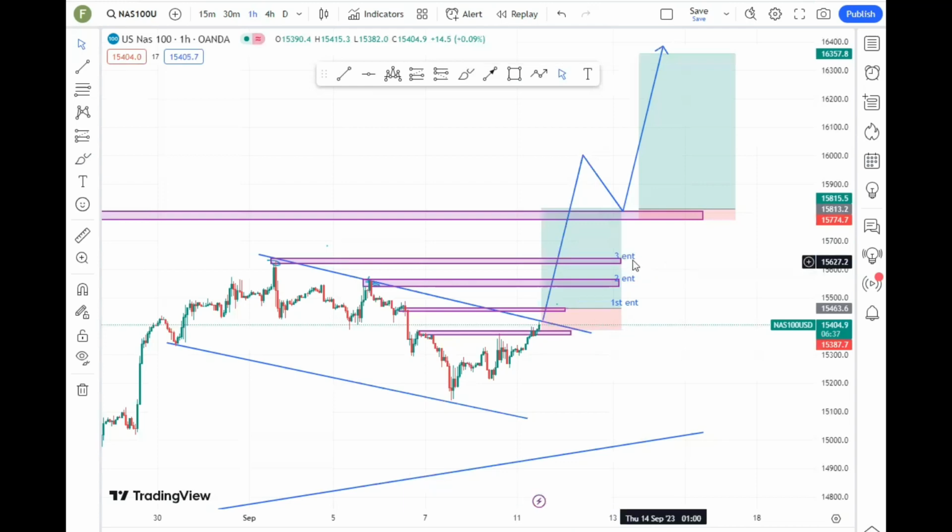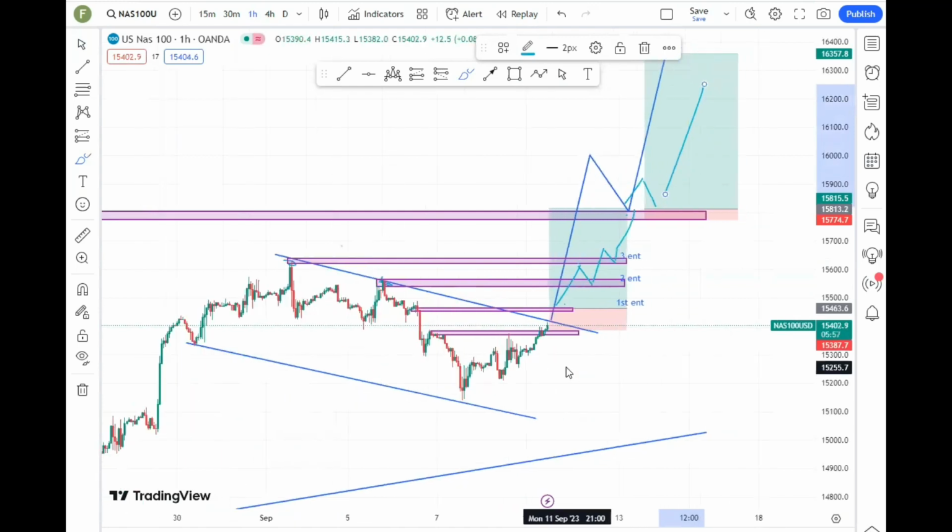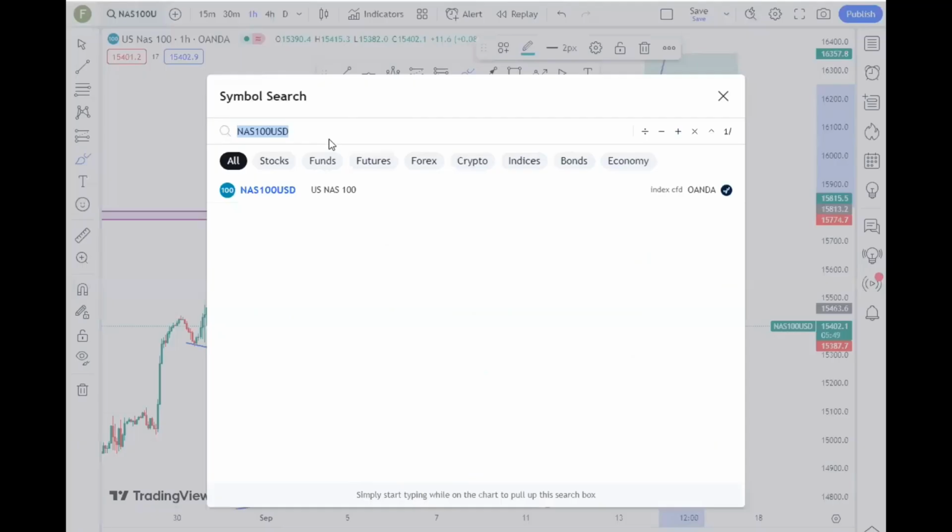And then we'll have a second entry point just here, and a third entry point, which will just be here. So we will be expecting 3 entry points, which will be more productive and positive, because you'll be expecting to make more pips than expected.